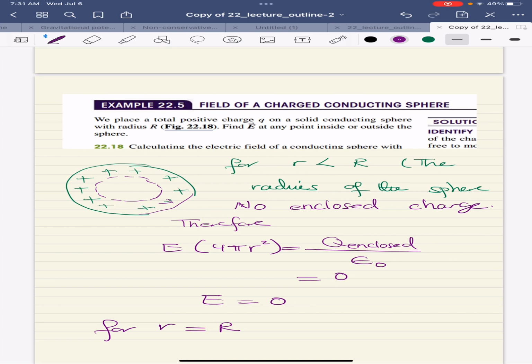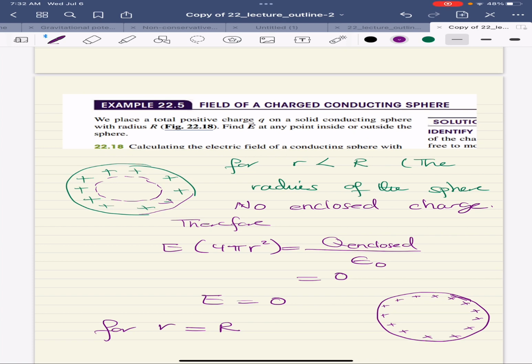Now, whenever we have a conductor, you should know this: the charges are going to repel each other until they accumulate at the surface. There will be no charge inside the sphere. It's just going to be on the surface, because it's a conductor. If it is non-conducting, then I can have the charge distributed all over the place.